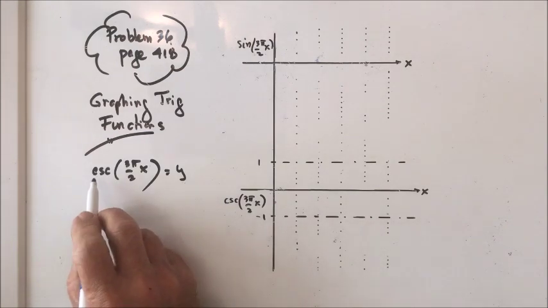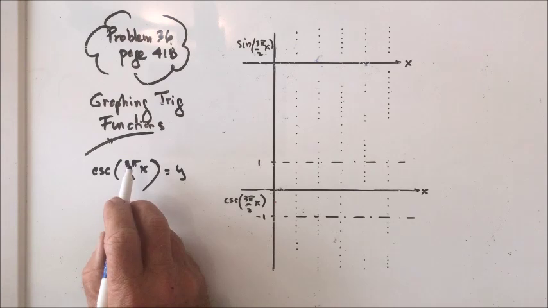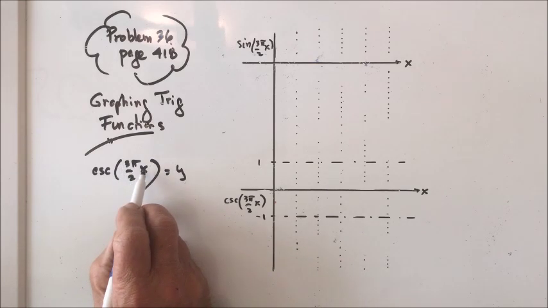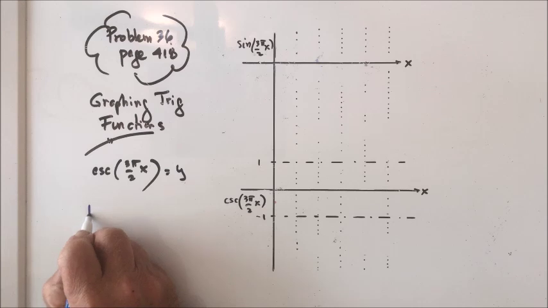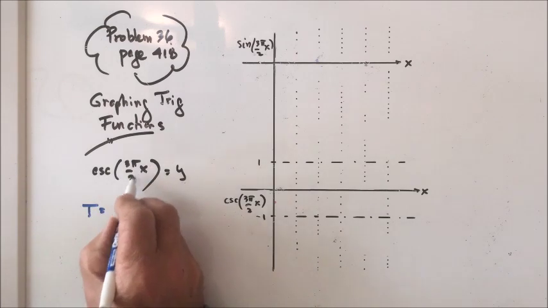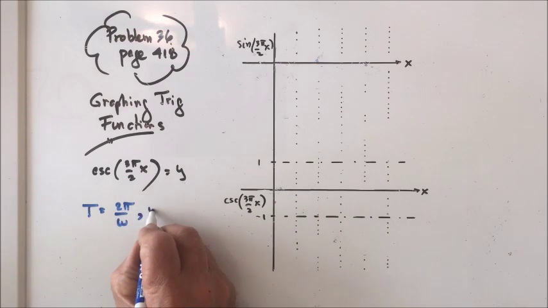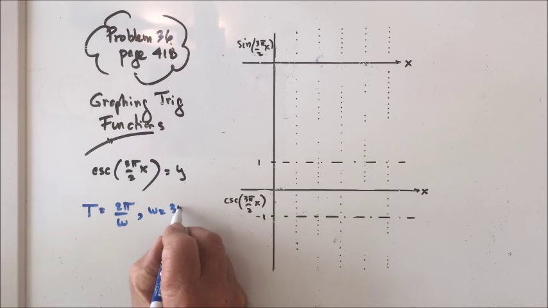We're dealing with the sine and cosine trig functions and their reciprocals, which have this constant factor of 3 pi over 2 multiplying x. In that case, remember, the period is 2 pi all over this constant factor, which we're going to call omega, where omega is 3 pi over 2.